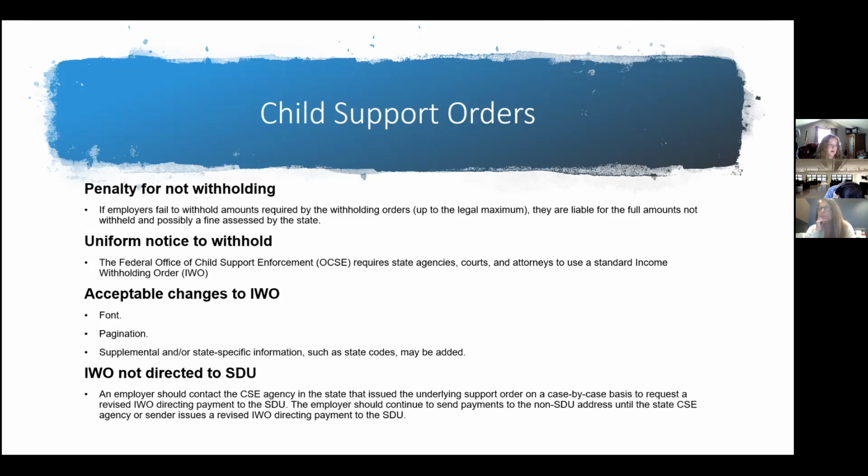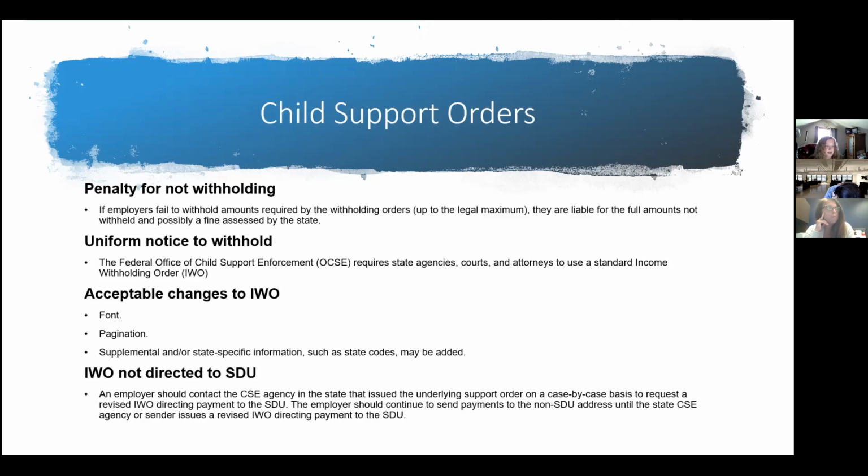The notices all look the same, basically. If you receive a notice, they all look very, very similar for a child support order. And it's a uniform notice. Acceptable changes to IWO. IWO stands for Income Withholding Order. There can be a different font, all kinds of little stuff like that, but the format is always the same.